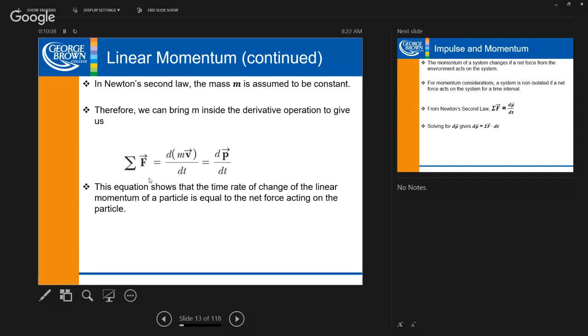Then you can rearrange the equation so the sum of all forces is equal to the change in momentum over the change in time, right? So if I want to know the force being transferred, in newtons, with regards to momentum over time, we can figure this out.